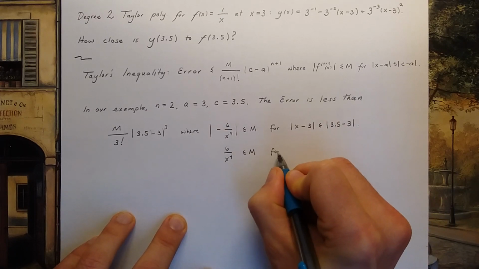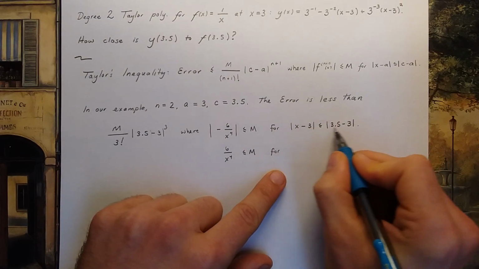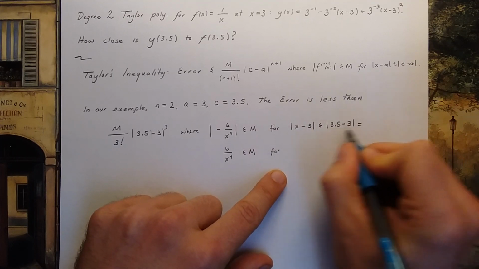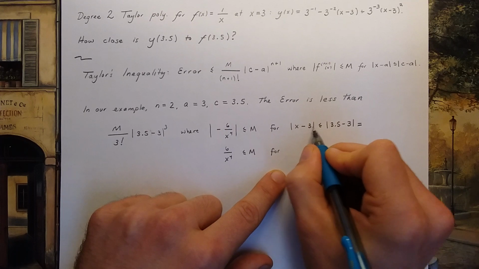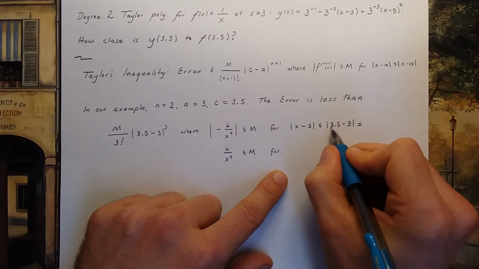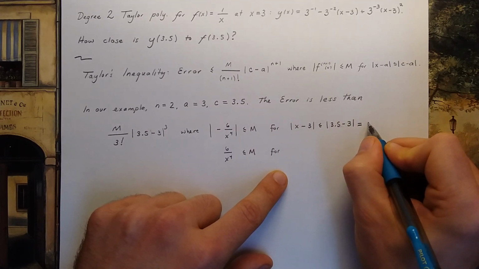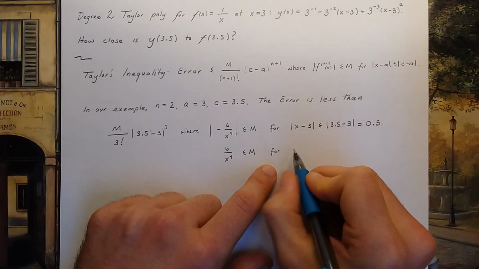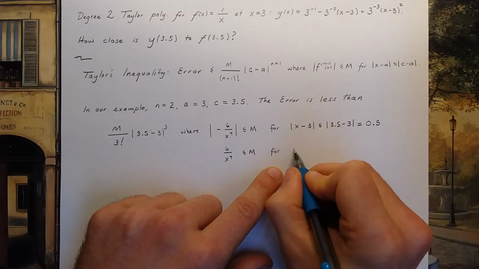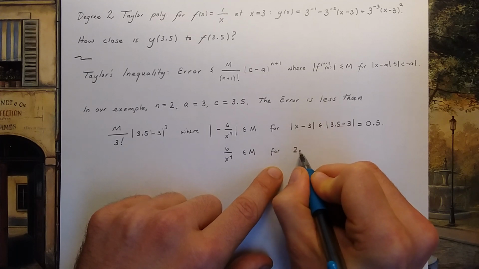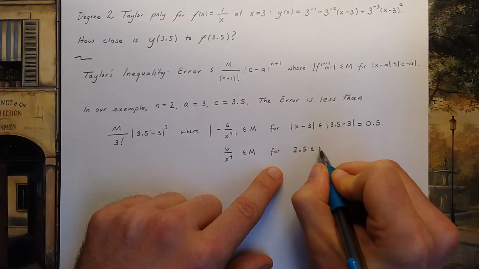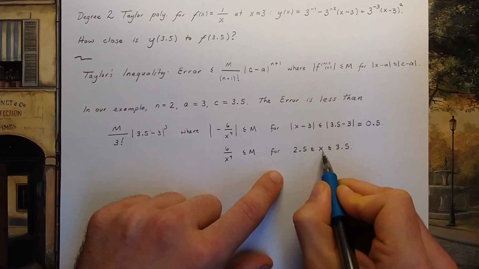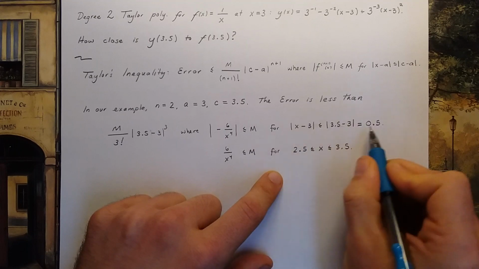And when I simplify this, this says x minus 3 in absolute value has to be less than or equal to 0.5. What that means is x has to be in between 2.5 and 3.5. At most, it could be a distance of 0.5 away from 3.